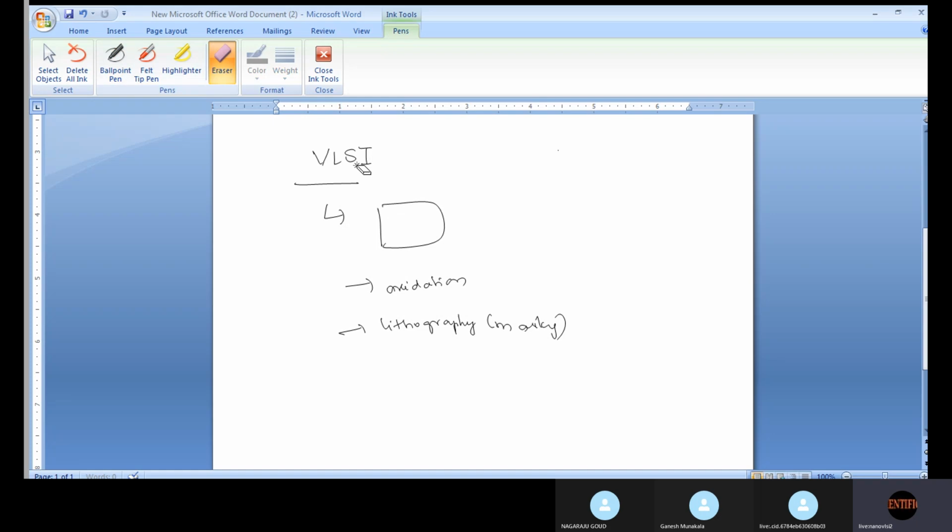Just to give an idea, masking is nothing but lithography, forming the source and drain regions. After the formation of source and drain regions, you will be doing interconnections and metallization. You can refer to any textbook or Google it if you want the information, but this is not part of our syllabus. Still, you should know about the fabrication details also.